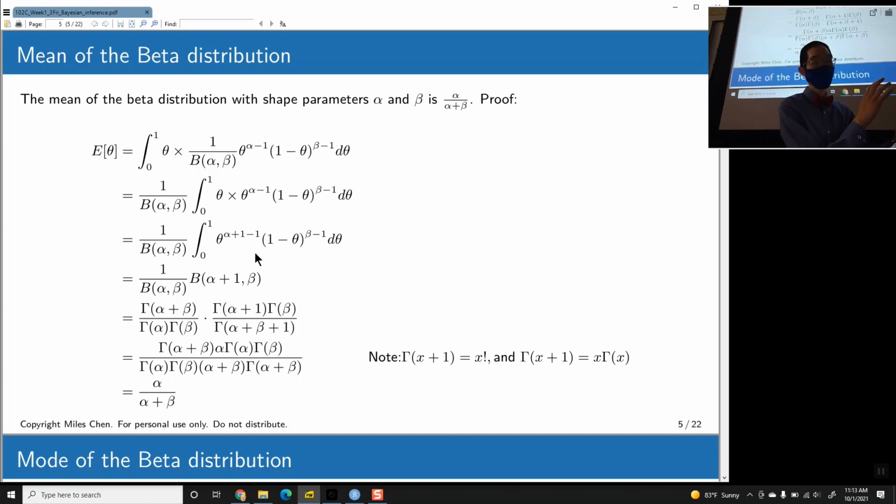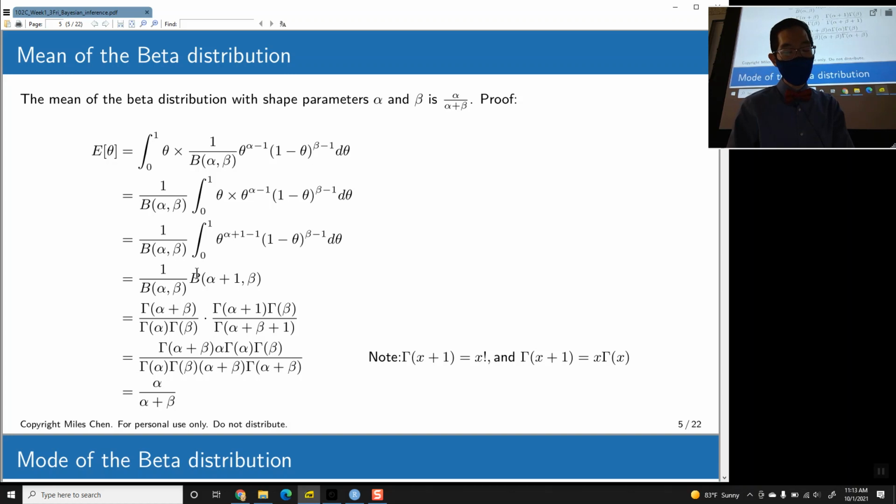Now, I could have just chosen alpha plus alpha, but the reason why I want to leave it in this form is because remember that identity where we said the integral of this part is going to be equal to the beta function of alpha comma beta. Well, here I've got theta to the alpha plus 1.